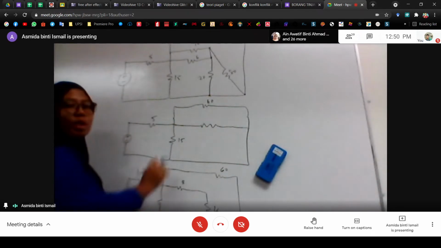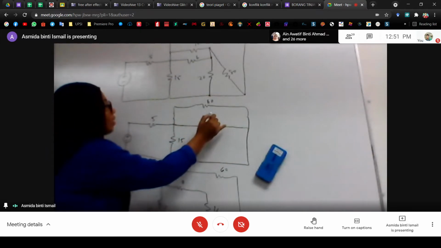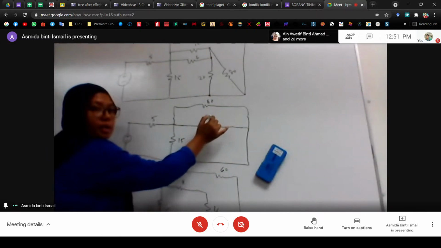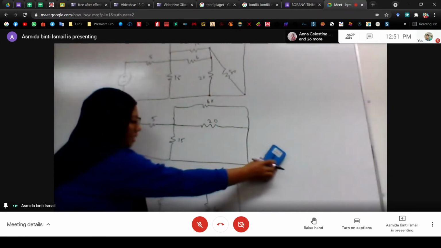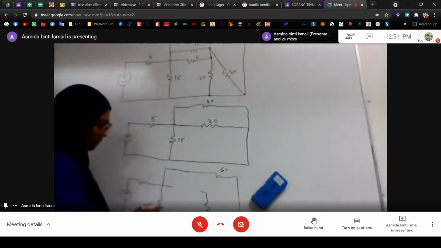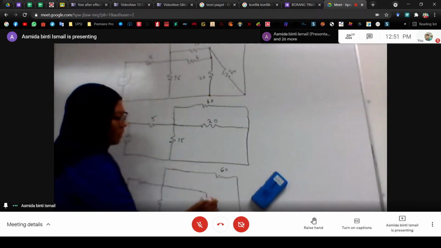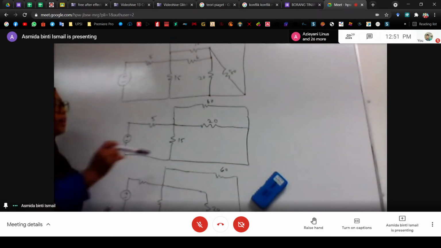Boleh je saya nak lukis penuh satu ni. Dia tengok tak nampak pula. So this one akan jadi. Gabungkan ni. We combine. Combine this.